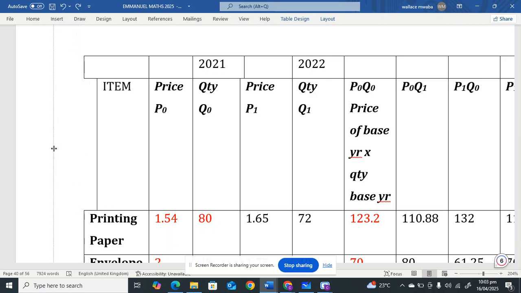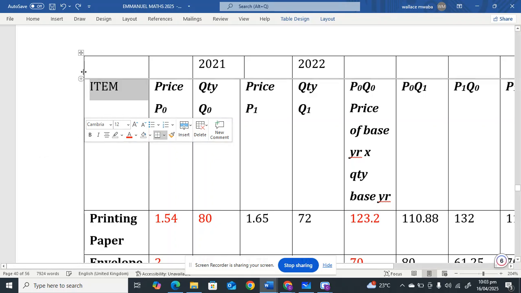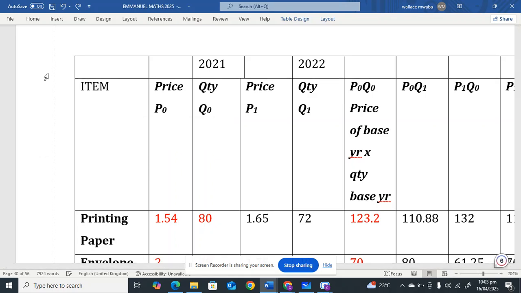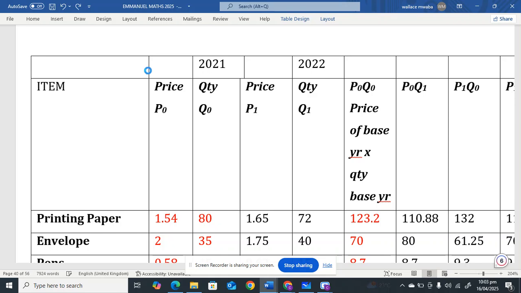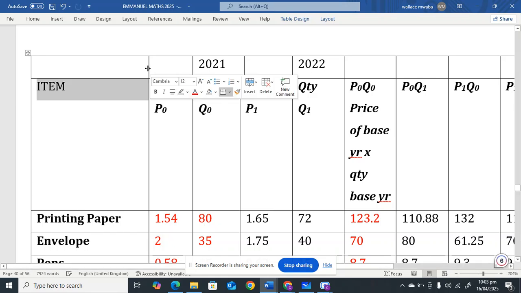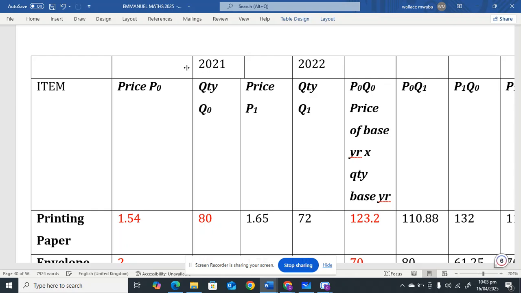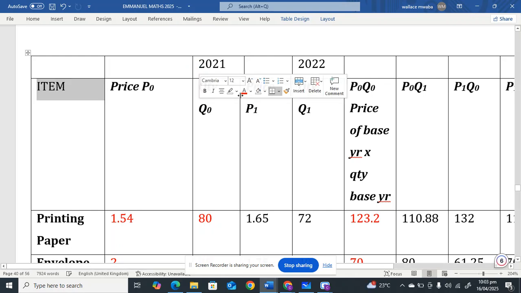What is it doing here? Just align this. Okay, I'll do the alignments later. Yes. So P0 times Q1.